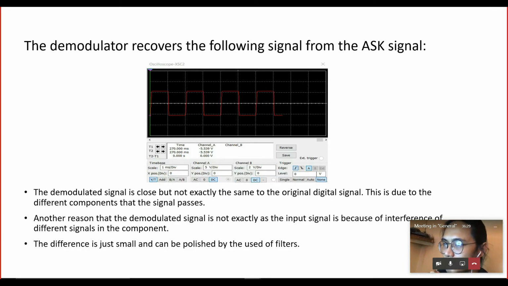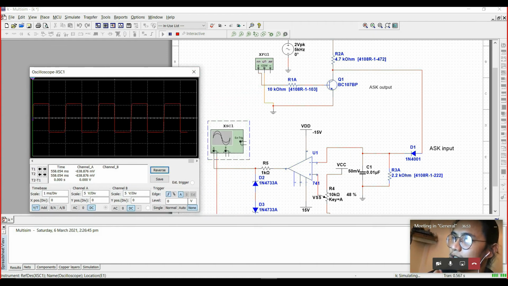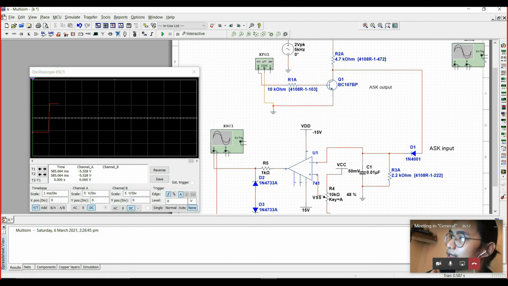So the demodulated signal is close but not exactly the same as the original digital signal. As you can see, the voltage level of the outputted demodulated signal doesn't stay on the 5 volts, which is the input signal used in this experiment.